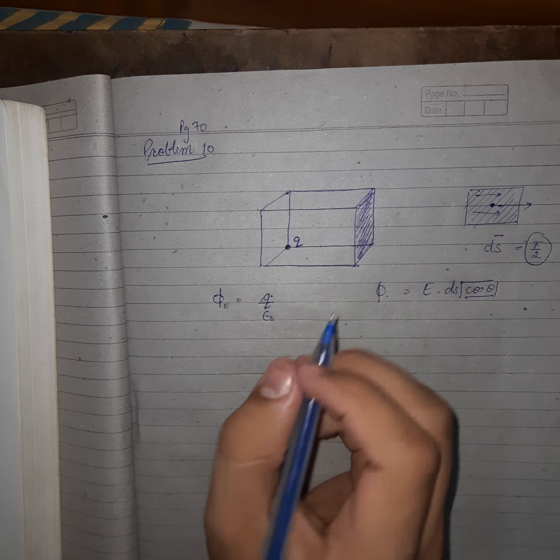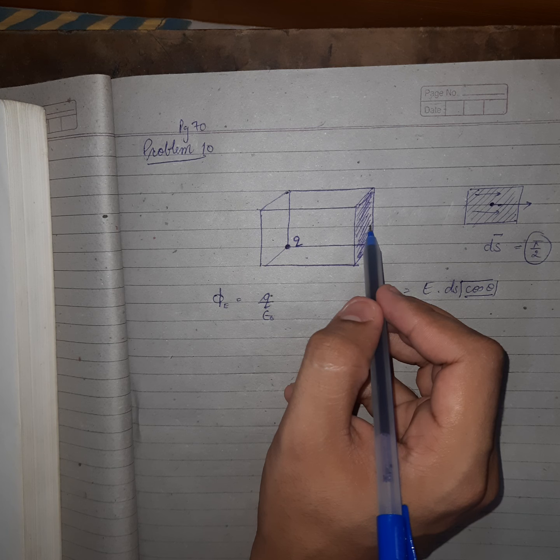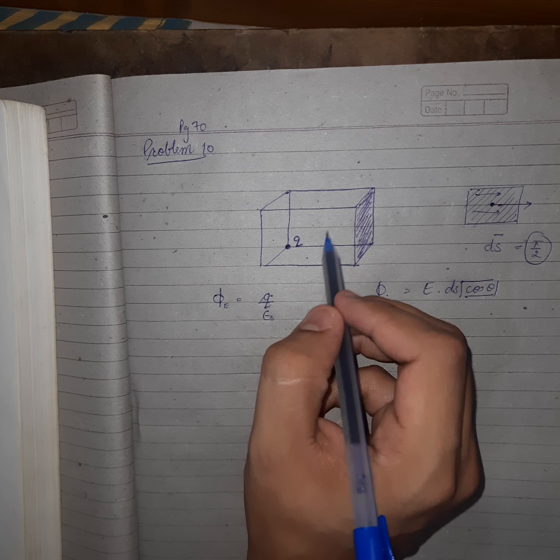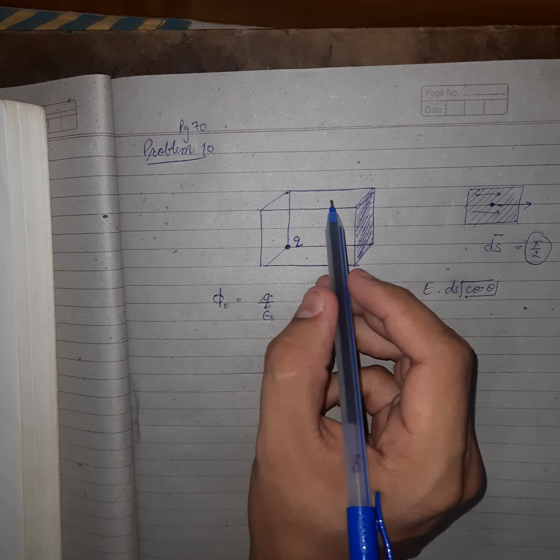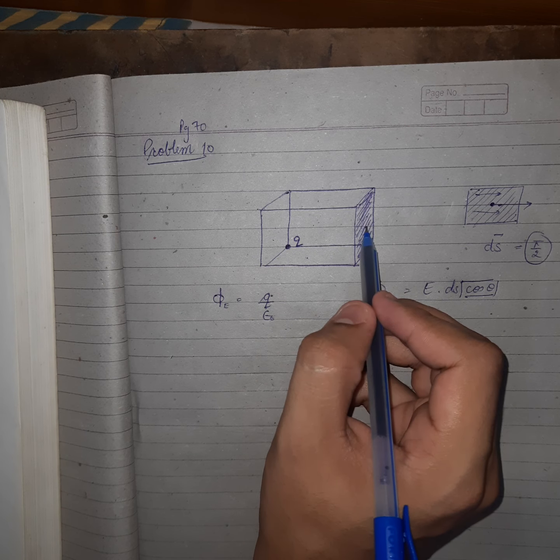So the surfaces which are left, which contribute to the flux, are the top one, the shaded part, and the front one.